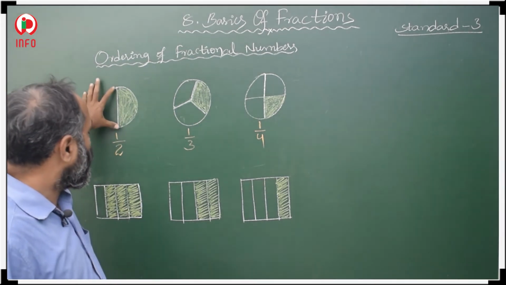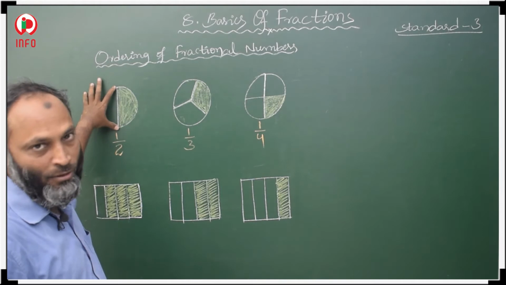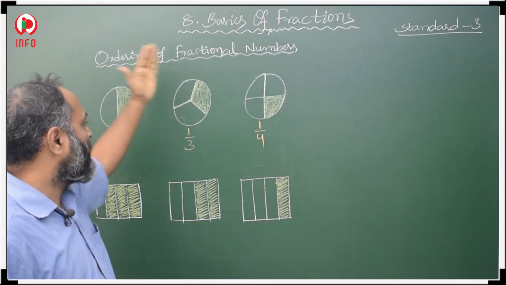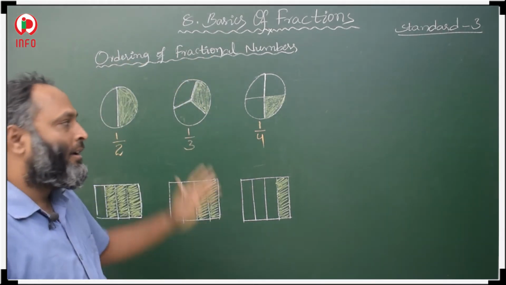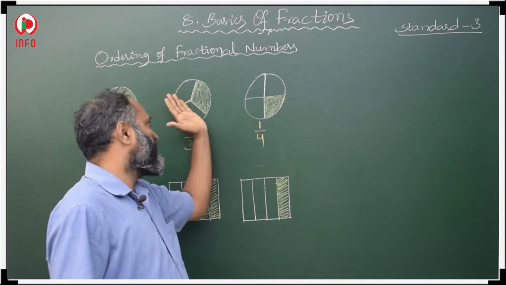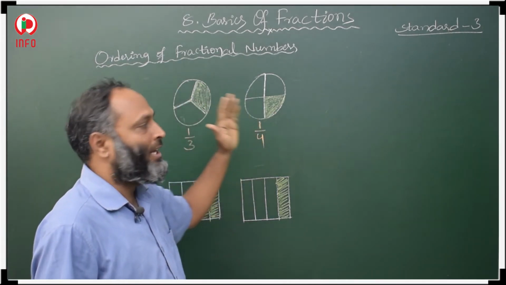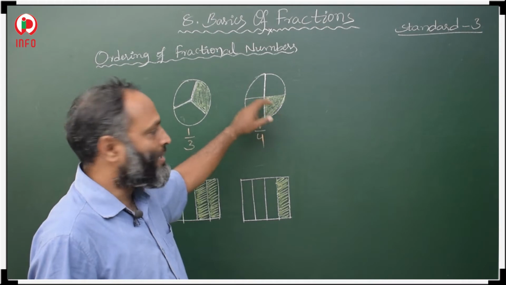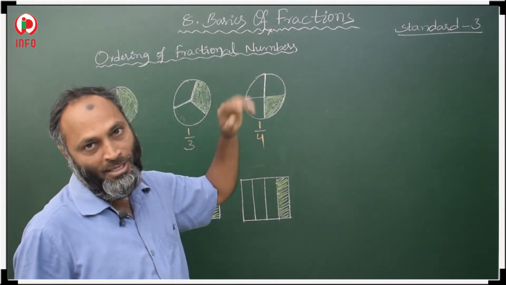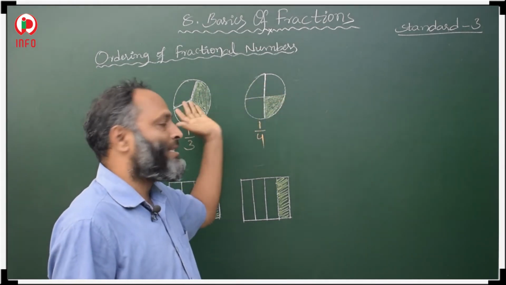So here you are getting a less piece if we compare with the first one. The first one you are getting a bigger quantity than the second one, and if you compare the second one with the third one, again you get less. Here you are making 4 parts, so again you are getting less than the second one.